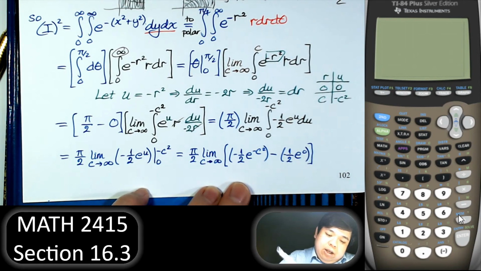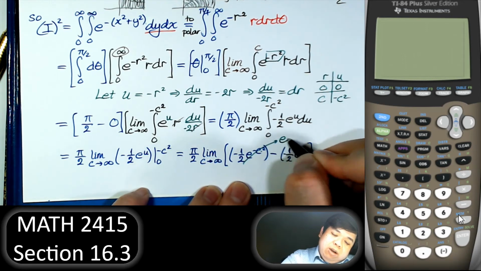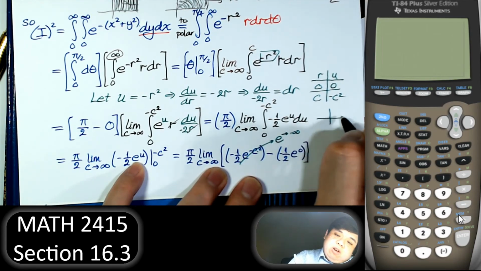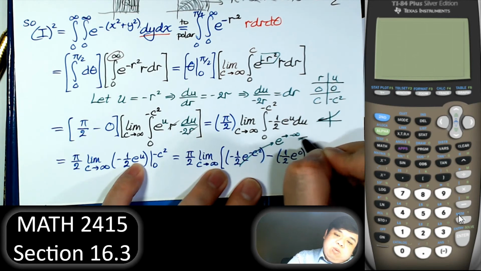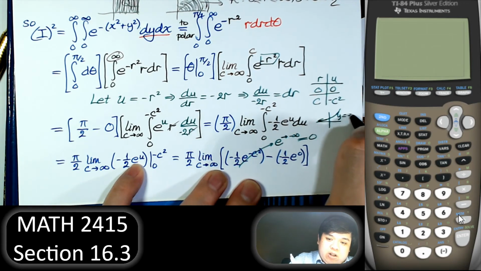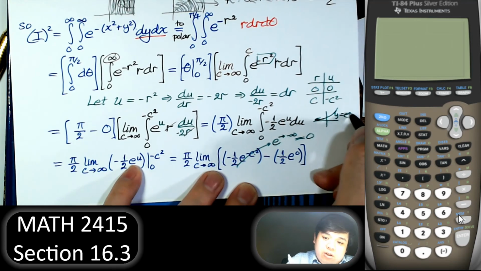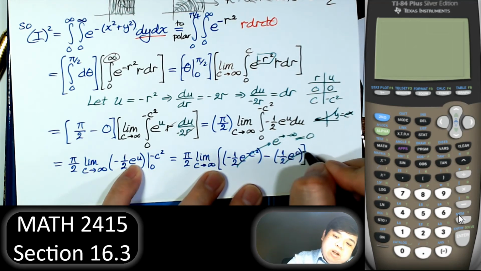Right. Now, e to negative c squared as c goes to infinity. What happens if we have e to something that goes to negative infinity? For the exponential function, when it goes to negative infinity, it goes to 0. So this one goes to 0, and e to the 0 power is 1.